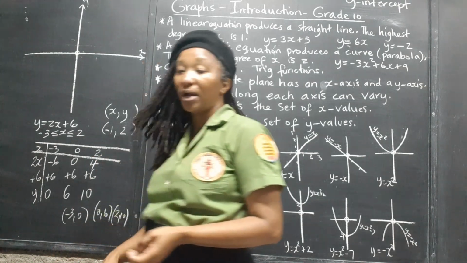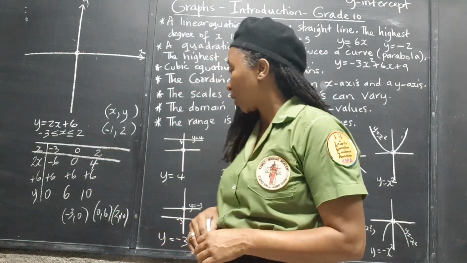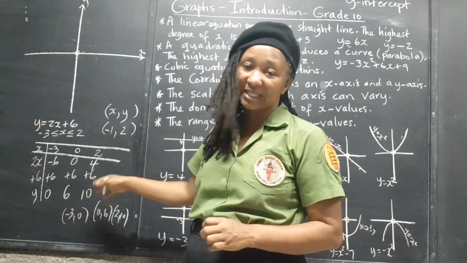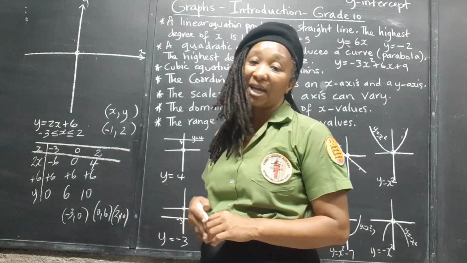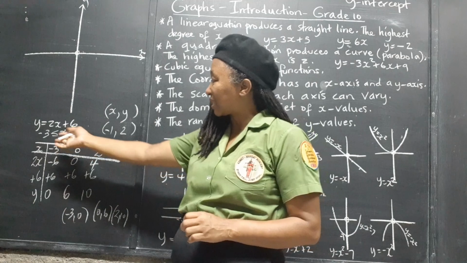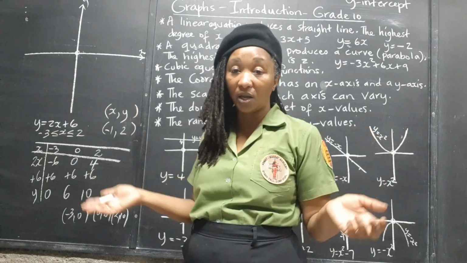Those are the 3 points that we're going to plot to connect them to get our line. So negative 3, well, the highest y value is 10, so I'm going to give it a scale. I'm going to go up by 2 on the y-axis, and the highest x value is 3, so I can spread out the x-axis and go up by 1.